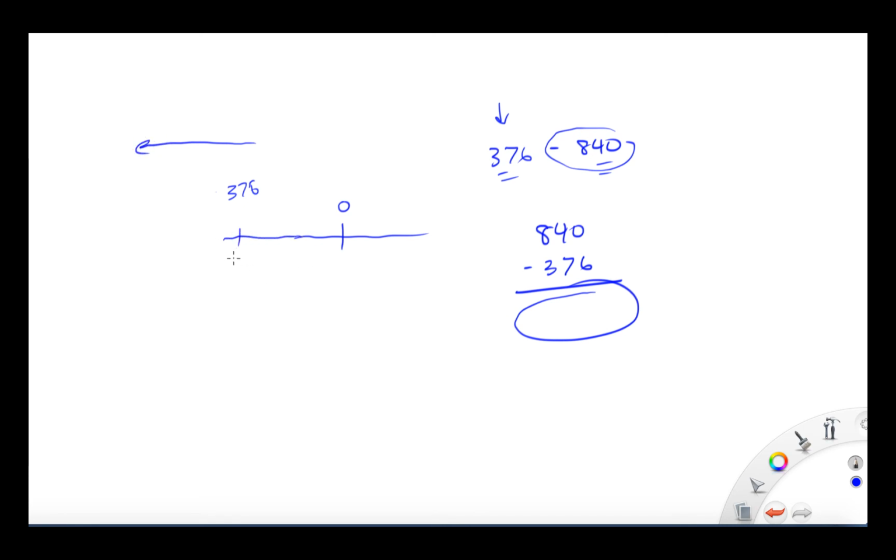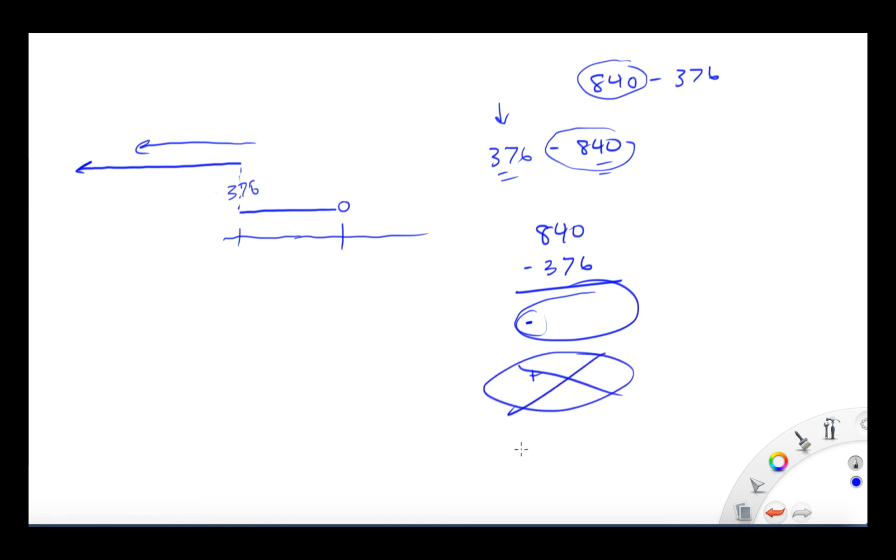So if we started at 376 and subtracted another 840, our line would go this way for a long time. That means our answer is going to be negative. If it was 840 minus 376, we would start with a positive 840 and we would end up with a positive answer, but that's not what the question is asking. And I'll let you do this math.